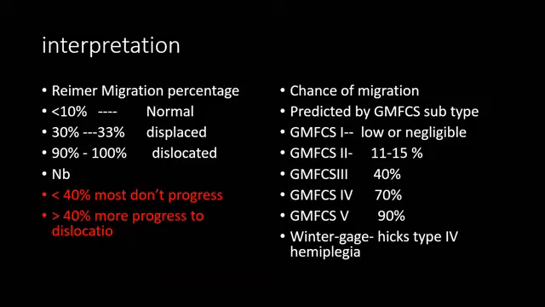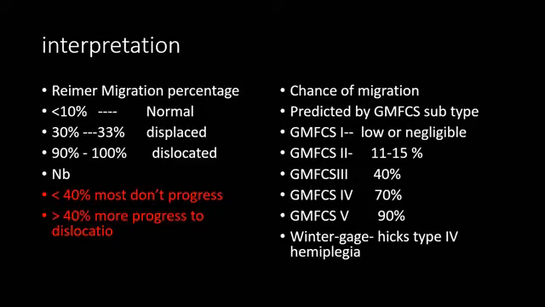So as colleagues, when you're communicating, normal would mean those percentages. Note that those with less than 40% migration mostly don't progress, but those over 40% of the Reimers index progress, and hence we keep an eye on them.